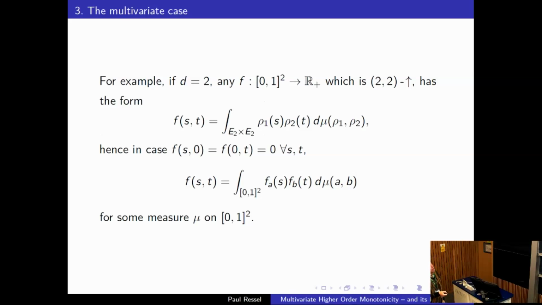And if I now require maybe that f vanishes on the two half axes, then I get in fact this integral representation, where mu in this case is a probability measure, a non-negative measure on this unit square, and f_a is just this function where you have the picture here. f_a of s times f_b of t, and you mix that.